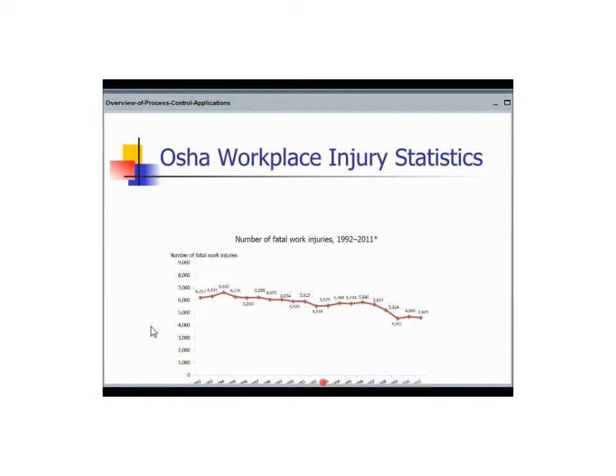Over time, the number of fatal injuries has gone down considerably. For each fatal injury, there are many more minor injuries that happen inside a plant. So you can see that due to the regulations put forth and the controls put in place, the number of injuries has gone down over the years. And that's the value of process control to an operational unit.